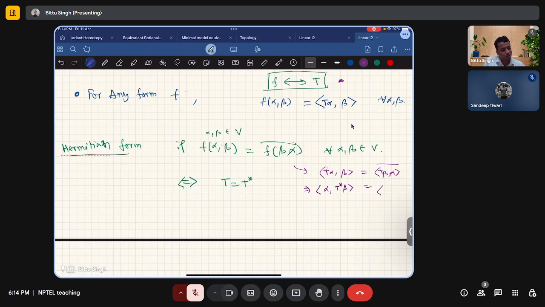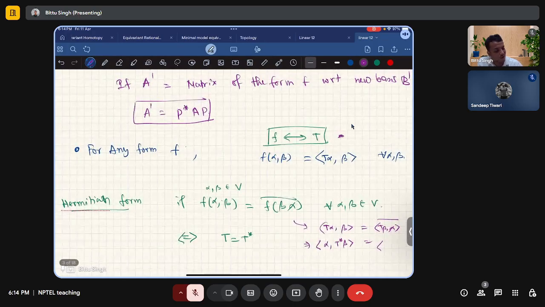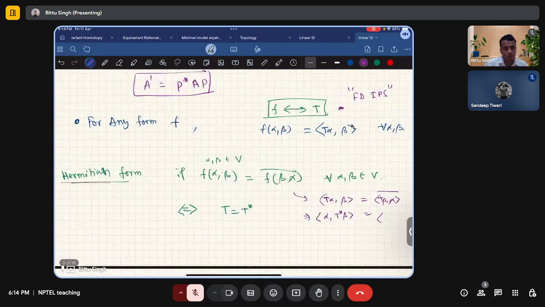that result is actually true for finite dimensional inner product spaces. Otherwise it may not be true, because we are using this representation. So T beta comma alpha can also be written as alpha comma T beta by conjugate symmetry of the inner product: if we exchange the two coordinates, we need to put a conjugation.